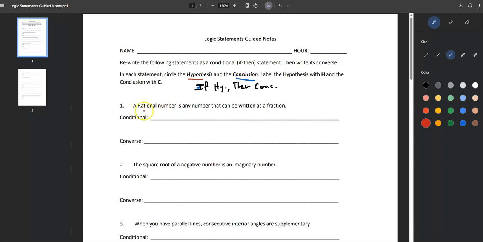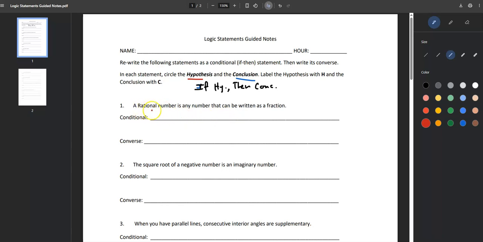So I've got this statement: a rational number is a number that can be written as a fraction. So again, a rational number is a number that can be written as a fraction. So we're looking for that hypothesis.